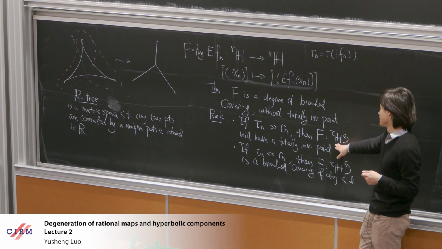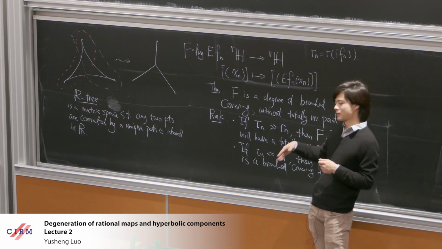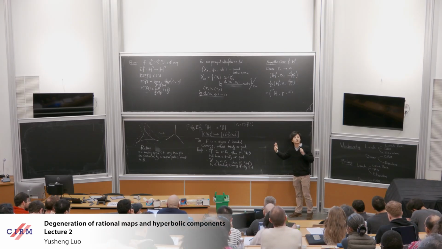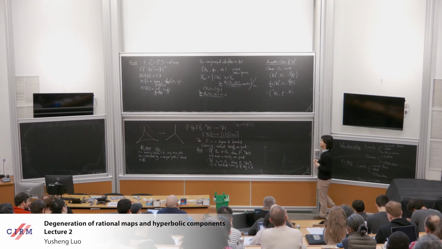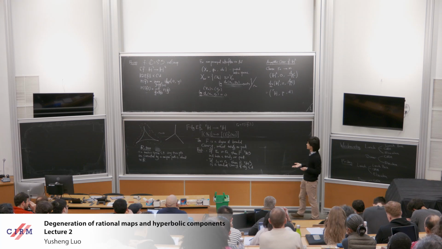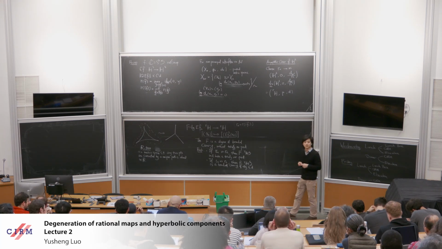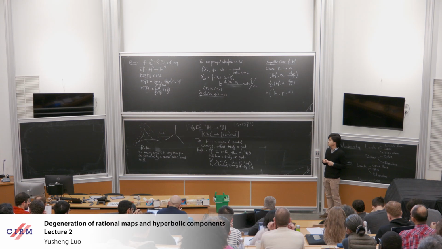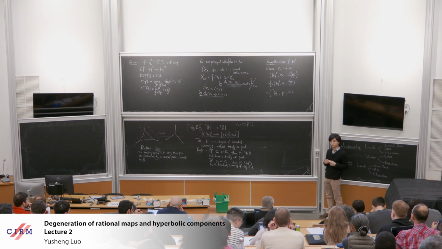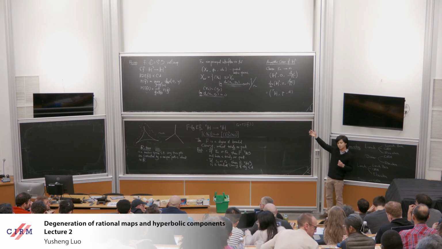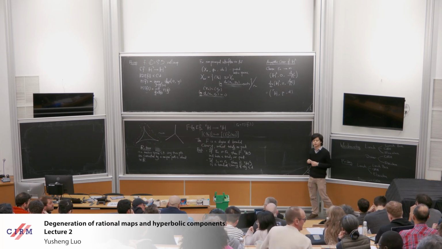On this finite tree, since you have some branching happening, the degree is essentially the number of preimages of a generic point. But the preimage of this finite tree is still finite? The preimage is still finite, yes. By finite tree, I mean the metric can be infinite, but it has only finitely many branches.